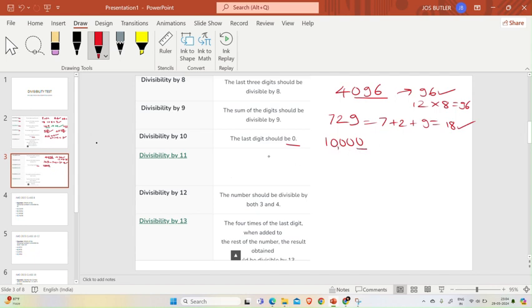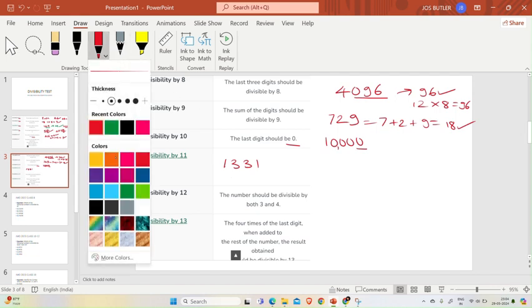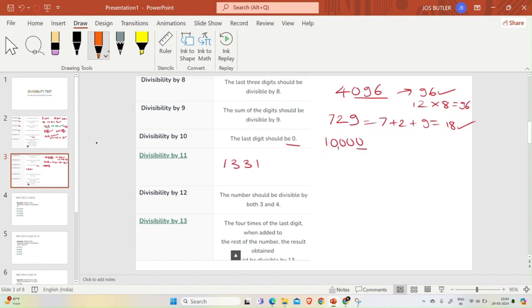Now for divisibility by 11, say if I have a number 1331. So what am I going to do? This is a bit important, and most people find it slightly complicated, but it is very easy. First, check the number of digits. The number of digits is 4. So what you do is map the alternate digits.